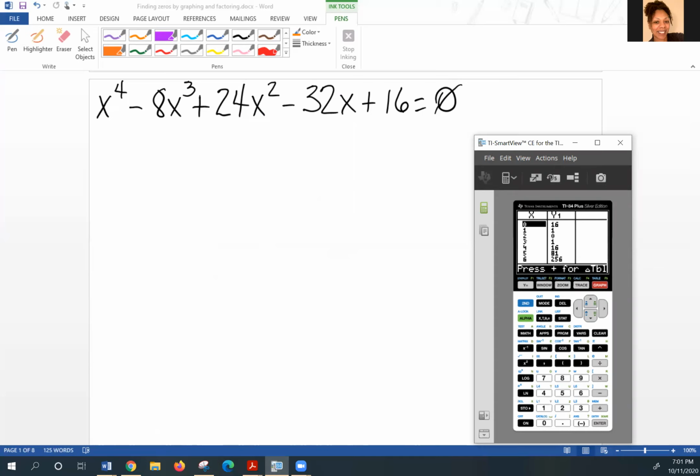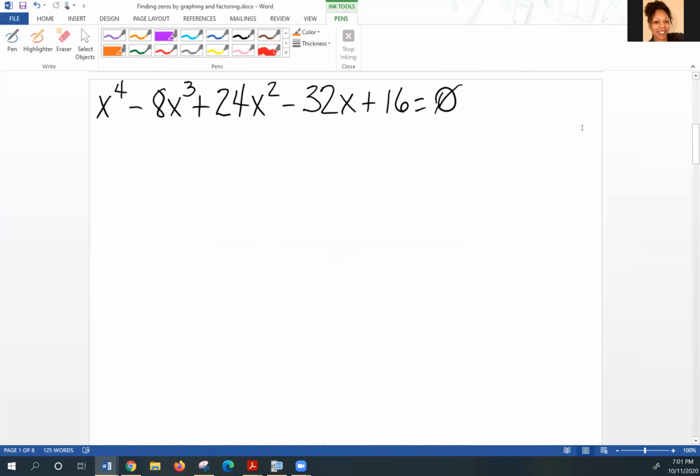And I notice here that the number 2 is what can be used to make this true. So I also need to recall that whatever my highest degree is, that's how many answers I'm going to have. So the way you want to start this problem out is the calculator just told you that 2 is one of your actual factors.